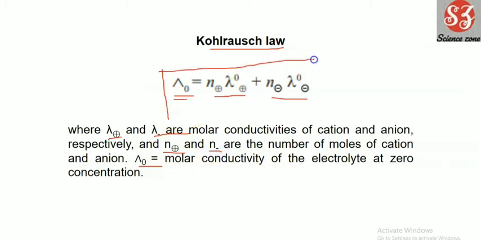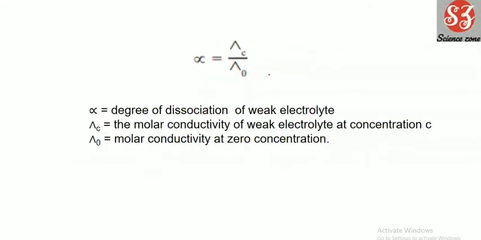So this is the next important formula which you need to remember, that the total molar conductivity of any solution at zero concentration is always equal to the conductivity of cation plus conductivity of anion, and do not forget to multiply them with their number of moles.